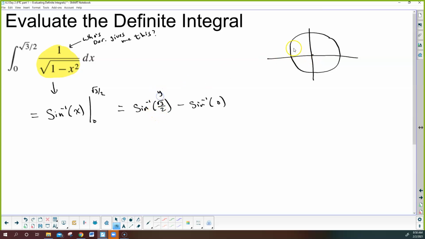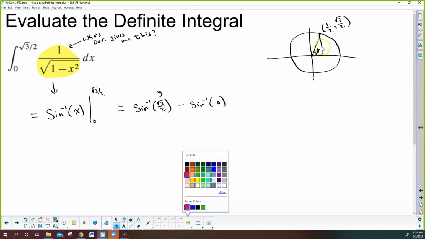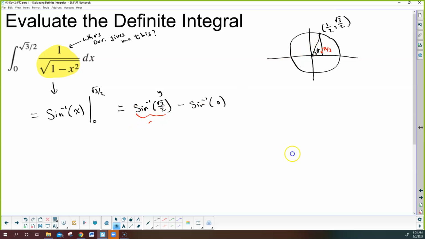Remember, sine is always the y value, so the y value is square root 3 over 2, which means the x value would be 1/2. And we're just thinking, whose angle gave me that? That answer is pi over 3. It's a 60-degree chunk, so the answer to this is pi over 3.